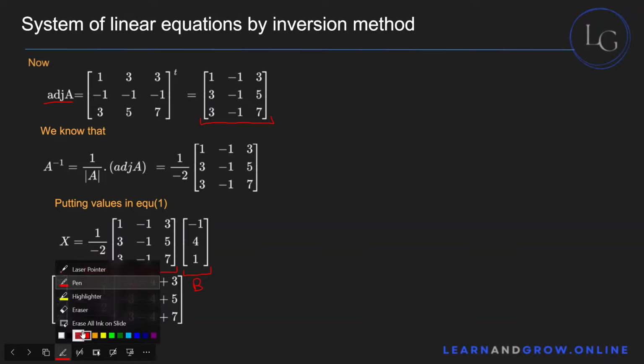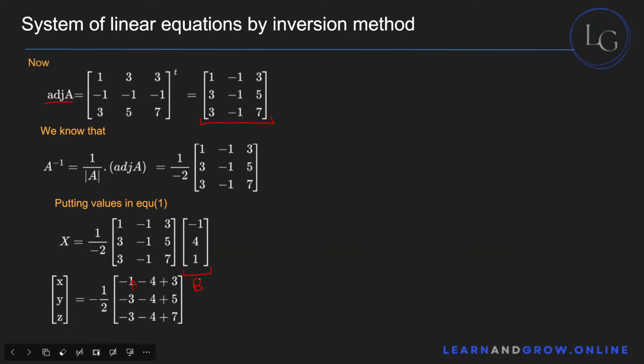Oops, my bad. So you multiply this matrix here with this matrix to get this matrix, and then you'll divide that by -2, and so you'll get this as the result.